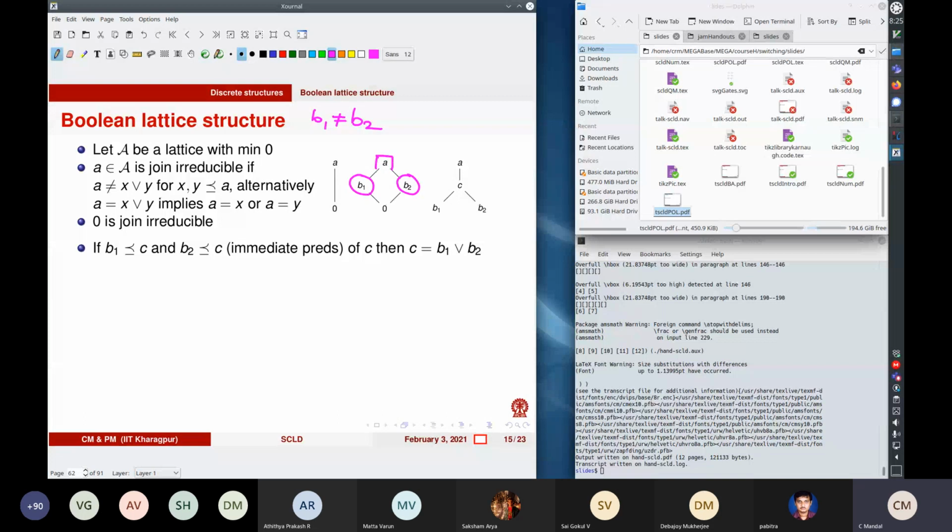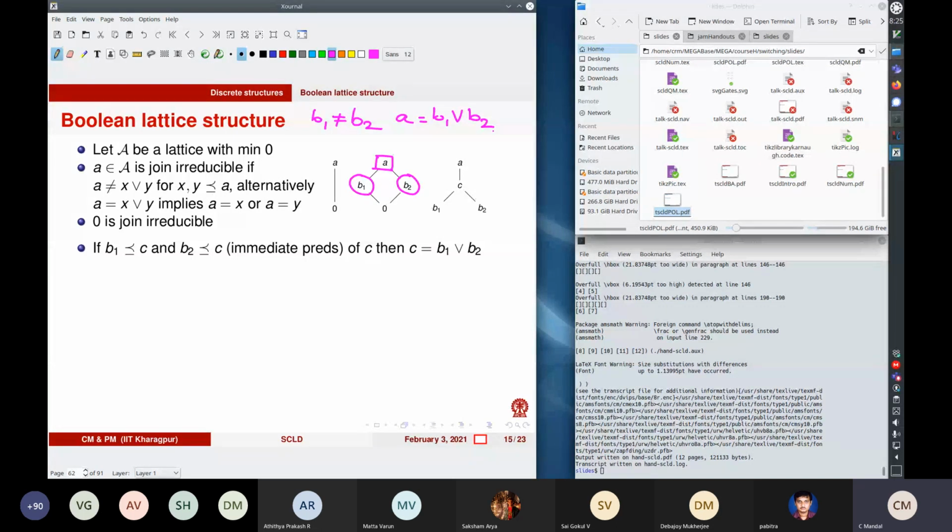You have this element A, which is the join of B1 and B2. So you can see that this is a non-trivial join because you are getting this element A by joining two distinct elements, B1 and B2. This is a non-trivial join.